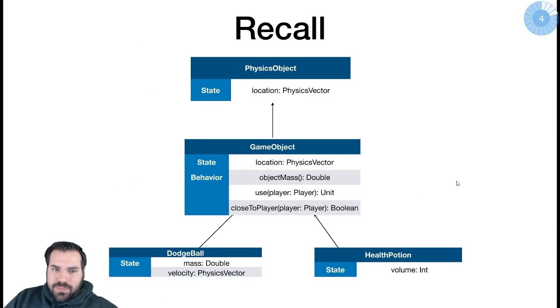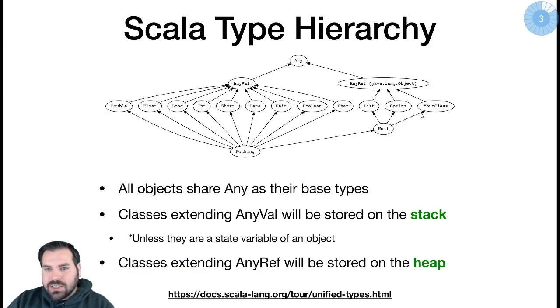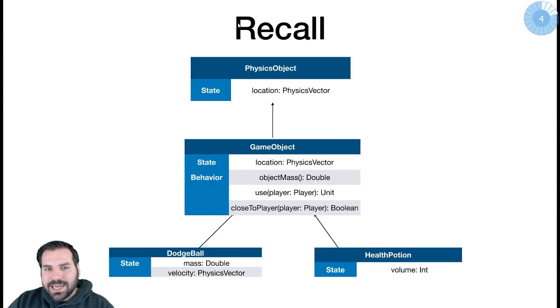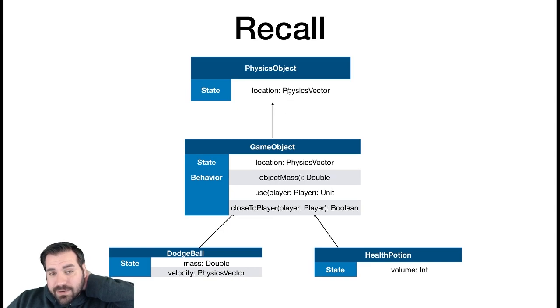So this is our inheritance structure from last time. We had our class that extends AnyRef, PhysicsObject, GameObject, an extended PhysicsObject, and then we had a Dodgeball and a HealthPotion that both extend GameObject.